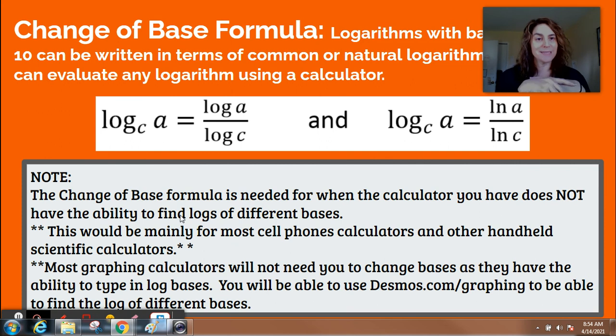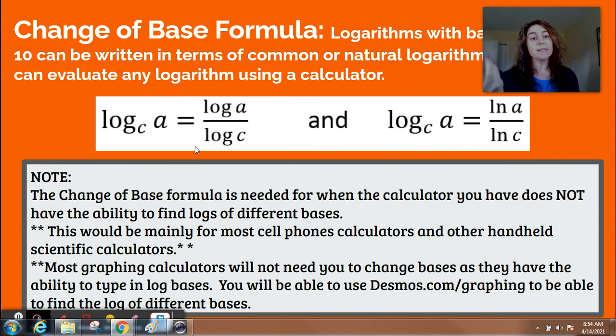And a change of base just means you are taking a non-base 10 or a non-common log and you are putting it into common logs or even a natural log I can do. So in this example, log base C of A, well, the C is your base here. It's not a common base and it's not a natural base.